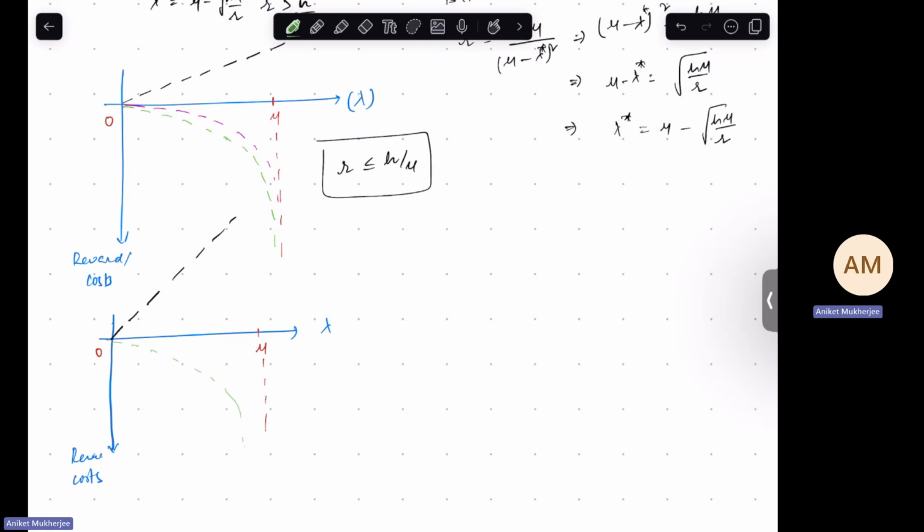This would remain the same. But the net cost would see a jump because you have just increased the reward that you get per customer served. And because of this, this case occurs if r is greater than h by mu. And if this occurs, then you see that you get a maximum value, right?